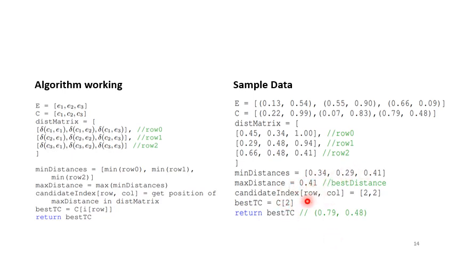Then 0.41 is in the second row, second column. Basically it is the third row, but we are counting from index 0, which means that candidate 2 (0, 1, 2) would be selected as the best test case.